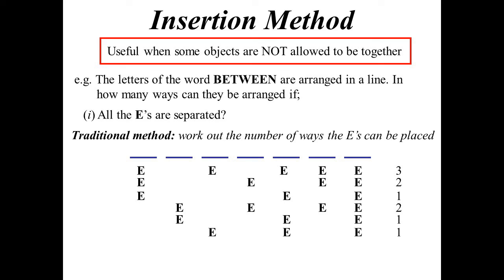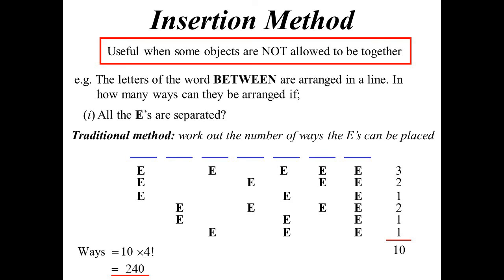But what about if I put the first E in the third spot, then the next one could go in the fifth spot, the next one goes in the seventh, and that's about it for that one. And I think that's all of them. So there are 10 ways I could place the E's. This would be the traditional way of doing the question. So I'd say, well, it's 10, and now I'll arrange all the other letters, 4 factorial, and I come up with the answer.